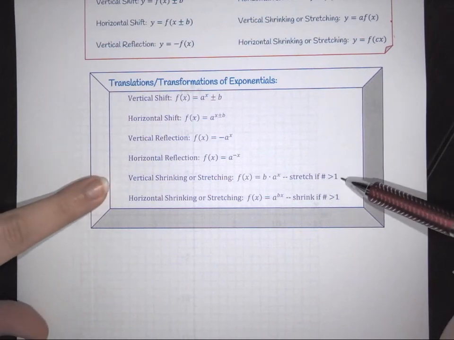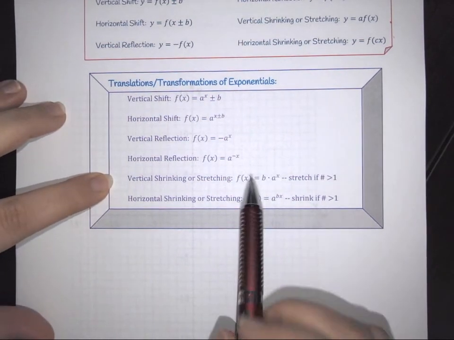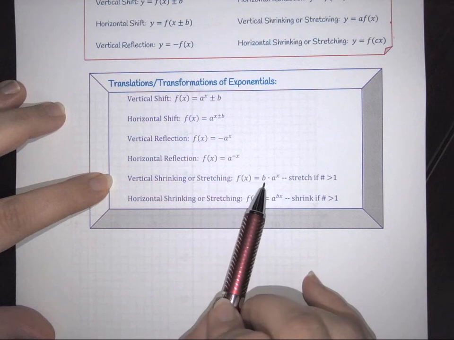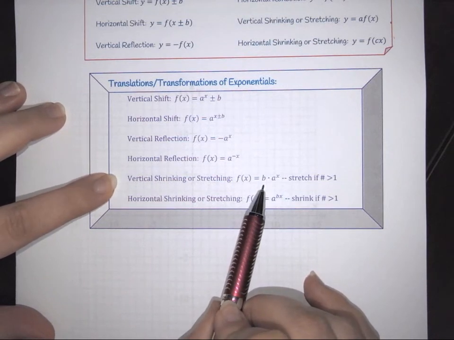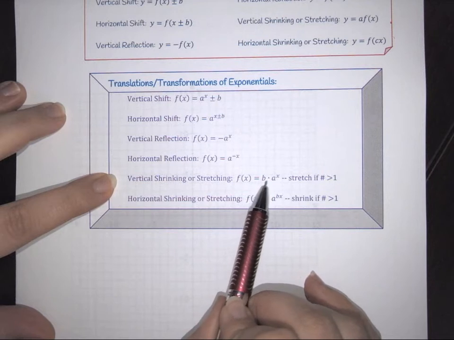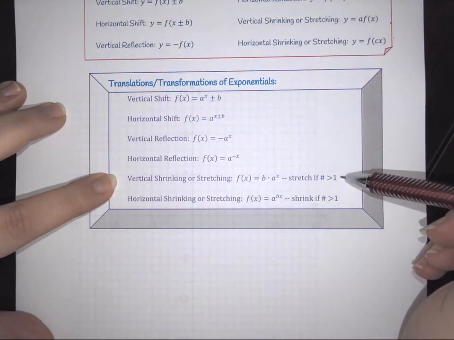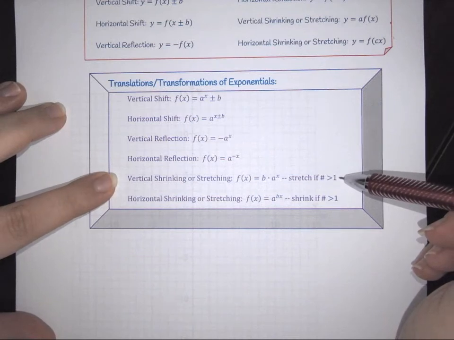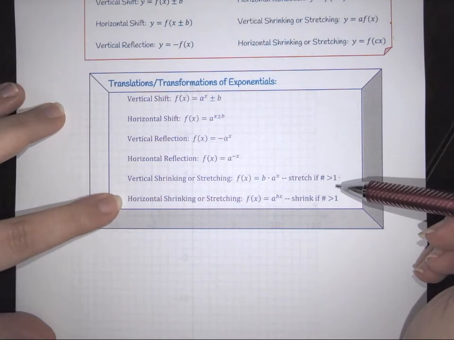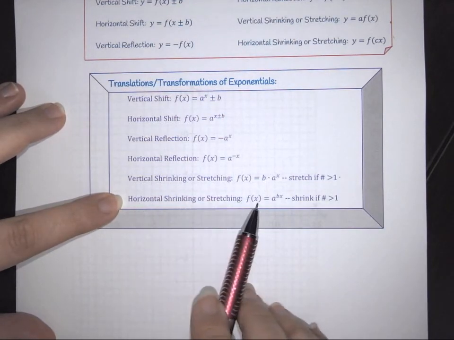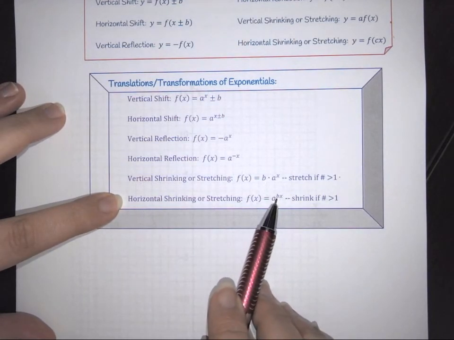For my shrink or stretch, the same holds true. We are multiplying by a constant, so vertical is external, which means the multiplication is done on the outside. If that constant is greater than 1, you have a vertical stretch. However, a horizontal is done up in the exponent.